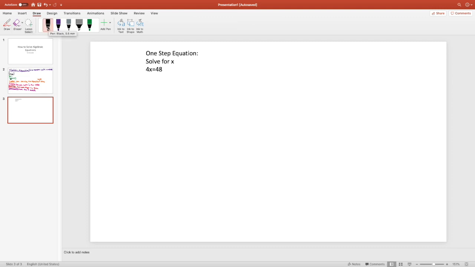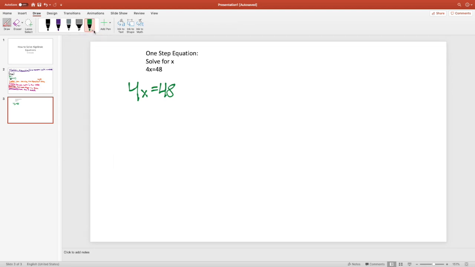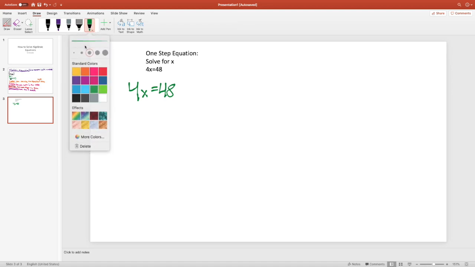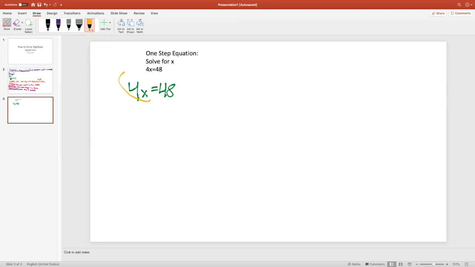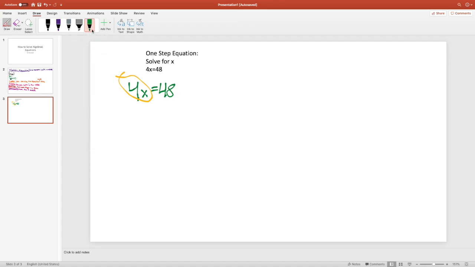So first, it's always a good idea to rewrite the equation so we can do whatever we want to. There's only one term in this equation, and the one term is this 4x.